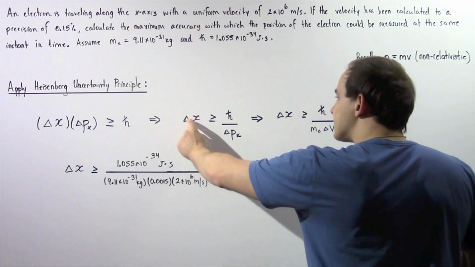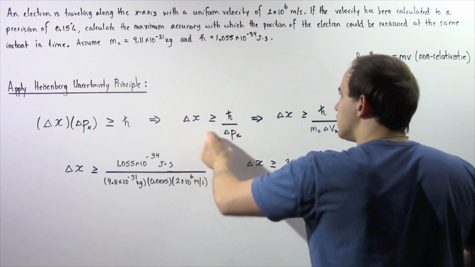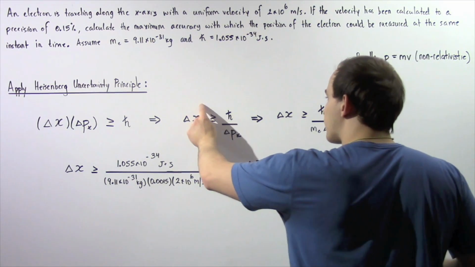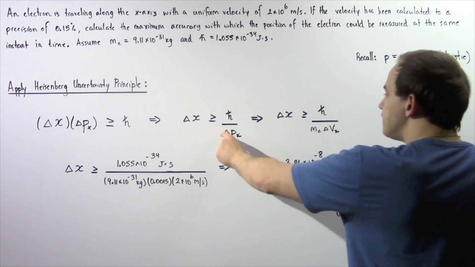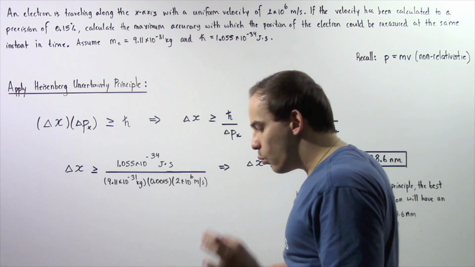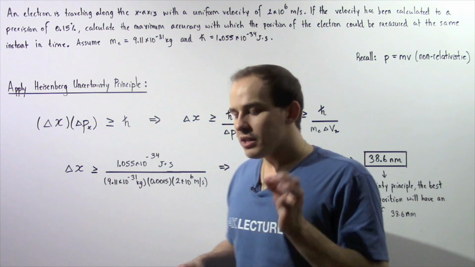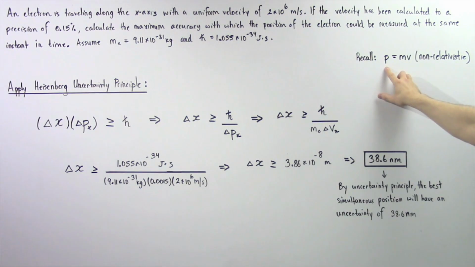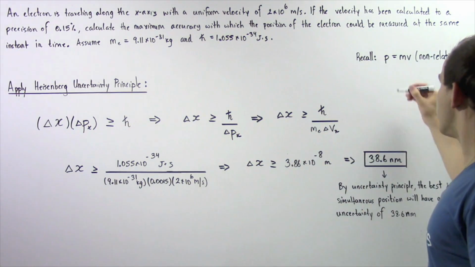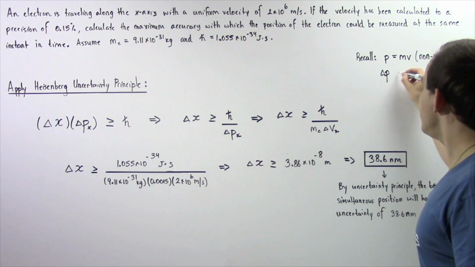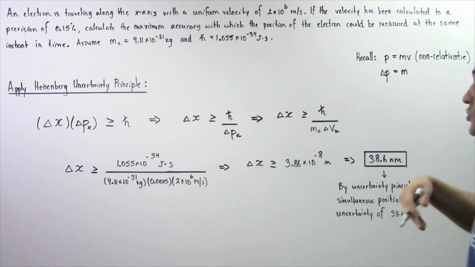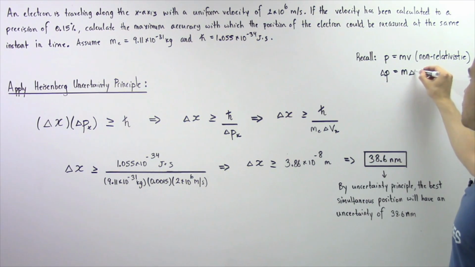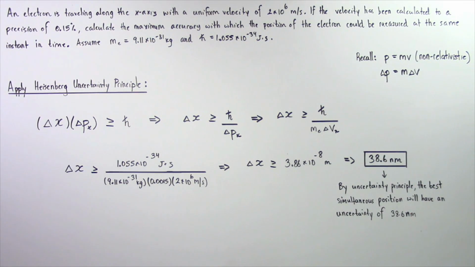So delta x, the uncertainty in our position of the electron along the x-axis, is greater than or equal to h bar divided by delta px. Now, what exactly is momentum? Well, if we're dealing with non-relativistic momentum, then the momentum p of our electron is equal to the product of the mass multiplied by the velocity. Since we're dealing with the change in momentum p, this is equal to the mass, which is constant, multiplied by the change in velocity of our electron.